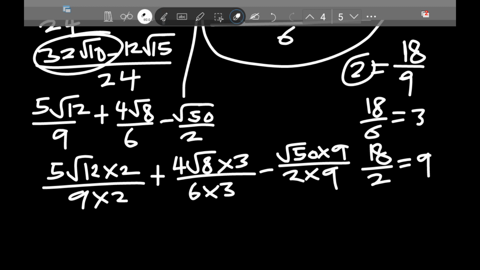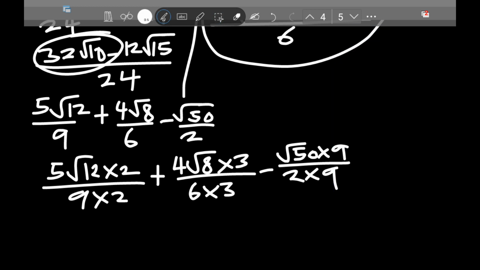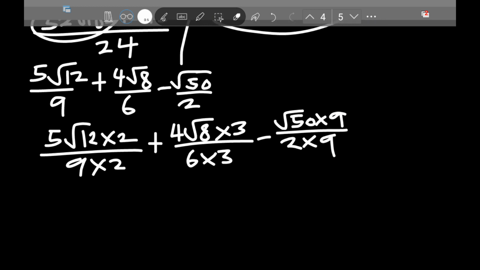So at this point, we need to get rid of everything that is on this side, including the LCM itself. So now we no longer need the LCM. So now let's multiply everything you see on the screen. So what is 5 root 12 times 2? Simply multiply this 5 and 2 together to give you 10 root 12.